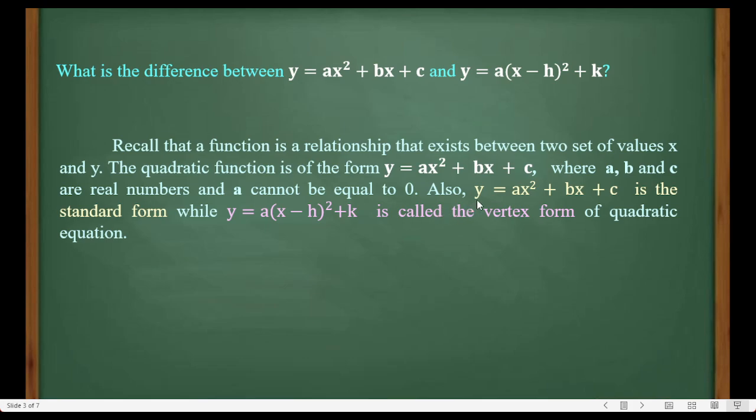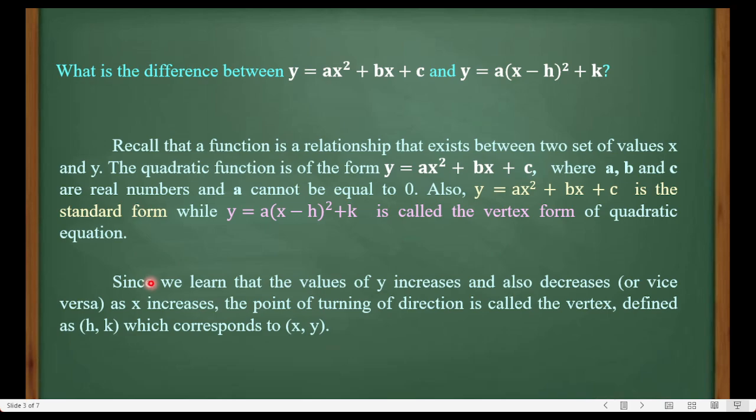Also, y equals ax squared plus bx plus c is the standard form, while the other equation, which is a quadratic function also, and that is y equals a quantity x minus h squared plus k, is called the vertex form of this quadratic function.